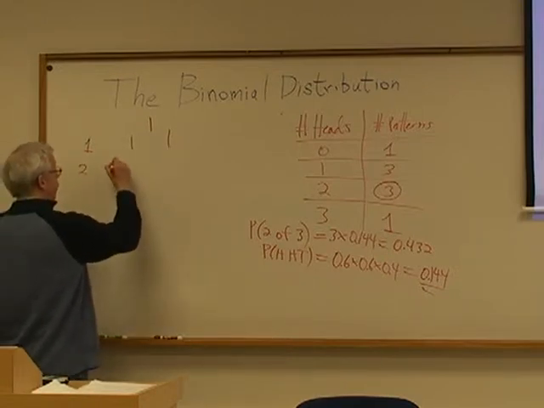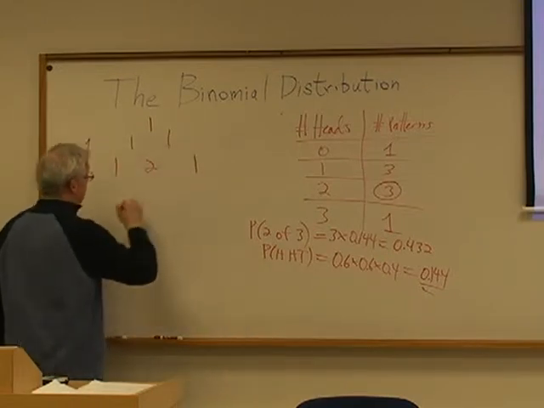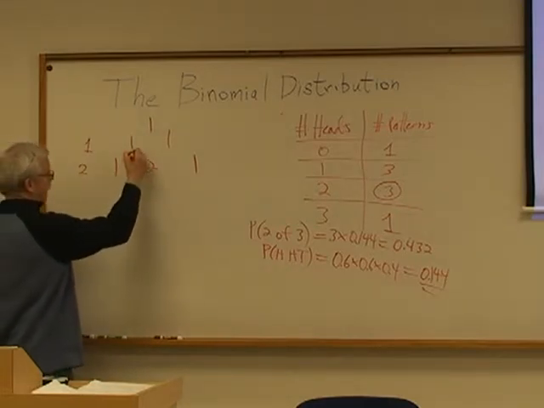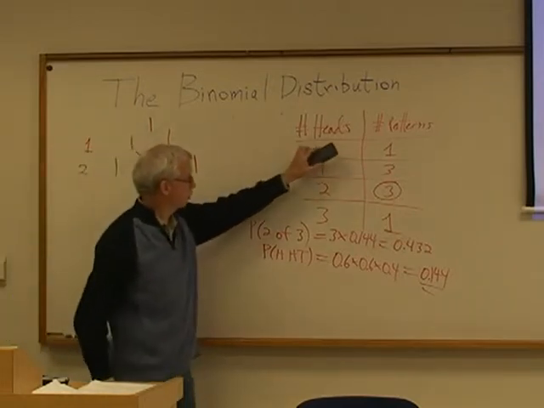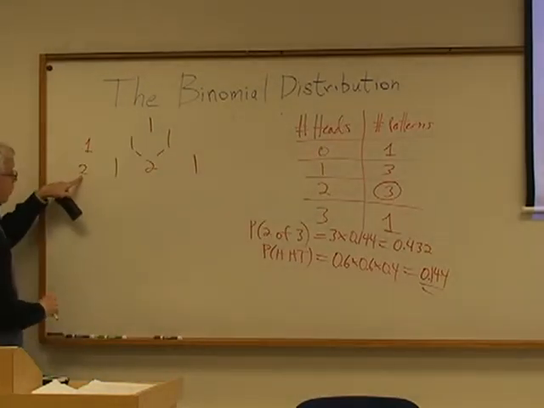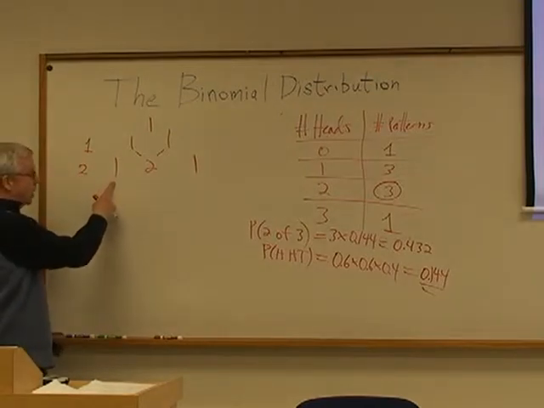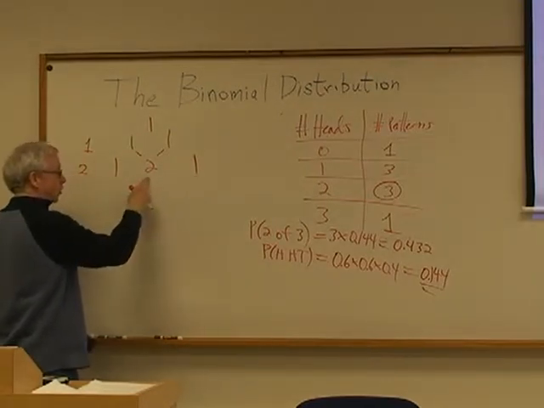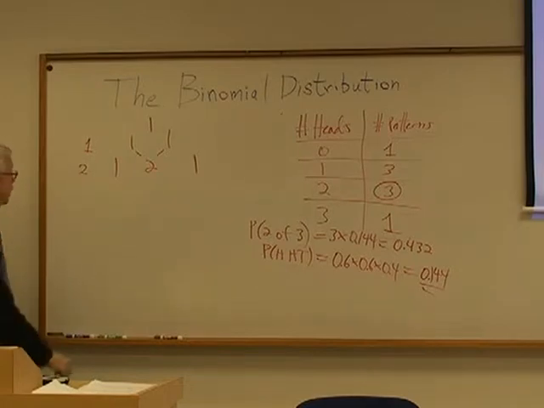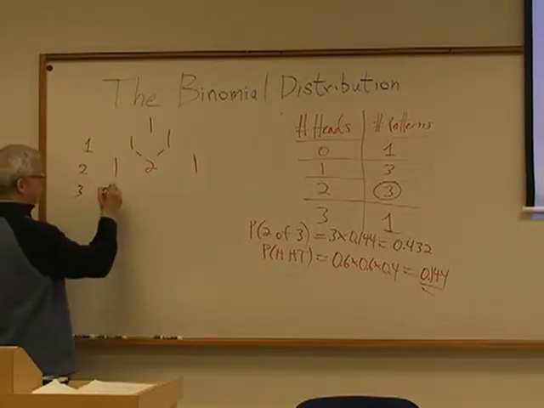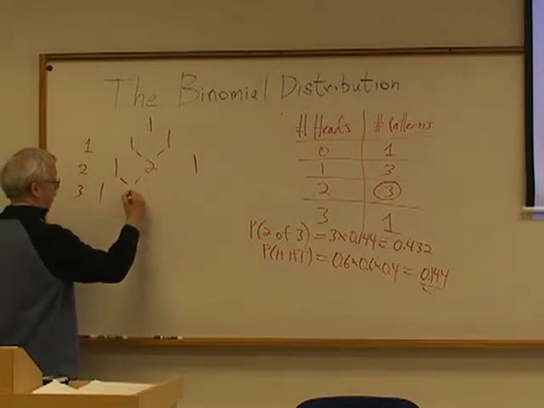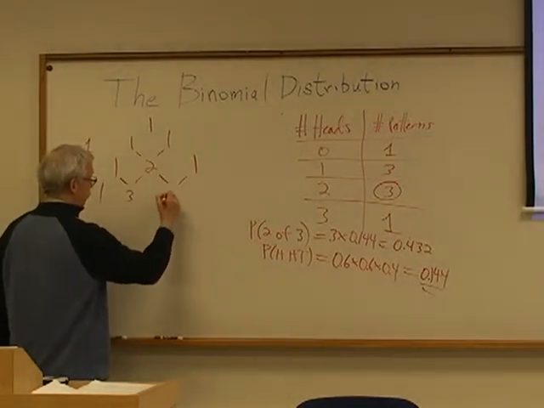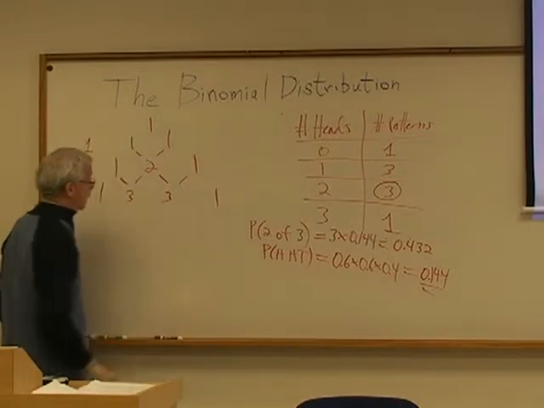If I flip 2 coins, his next row goes like this, where I always start with 1, but then I add the results of the 2 diagonally above. This corresponds, remember, to our first result. When I flip 2 coins, there's 1 way to get all heads, 1 way to get all tails, and 2 ways to get 1 of each. So if I flip 3 coins, following our pattern, I start with a 1, now I add those 2 numbers, 3, I add these 2 numbers, 3, and then I bring down 1.